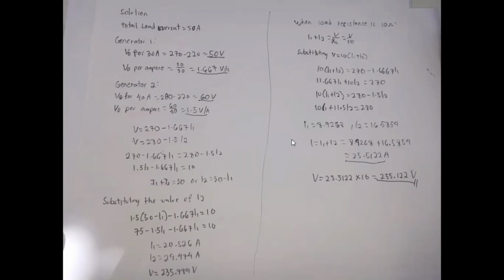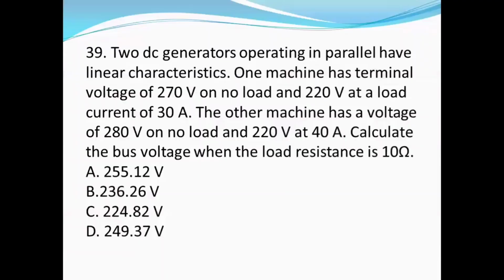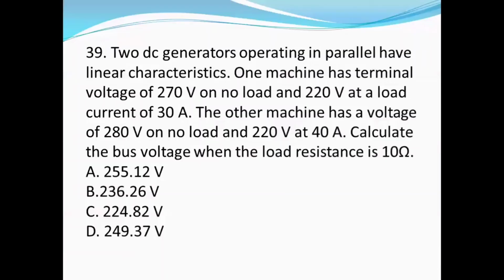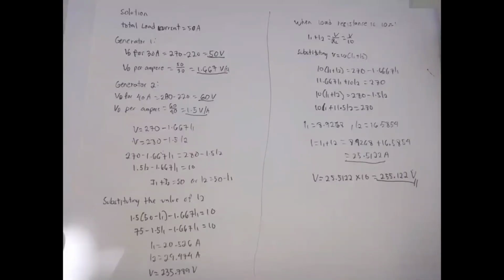So to get the bus voltage from the resistance of 10 ohms, V is equal to the current, 25.5122, times the 10 ohms resistance. So the answer is 255.122 volts. So the answer is letter A.